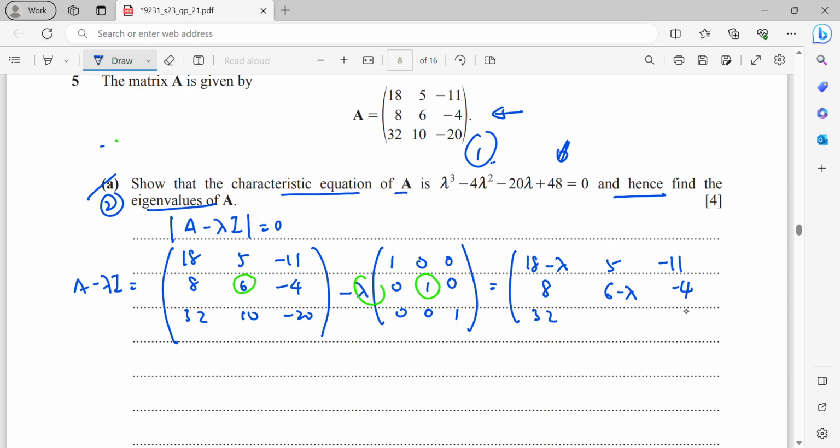After that 32 and then 10, followed by negative 20 minus lambda. Now I need to get the determinant of this matrix, and the determinant equals 0.